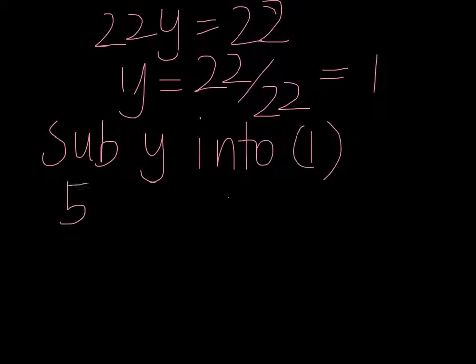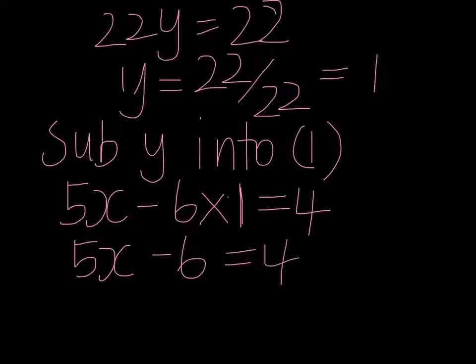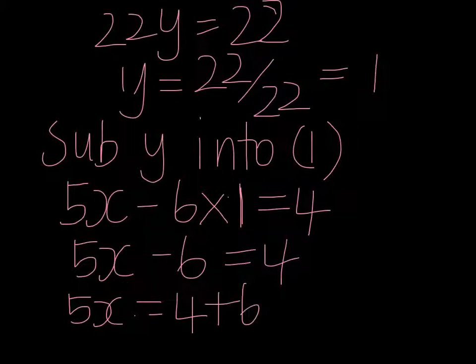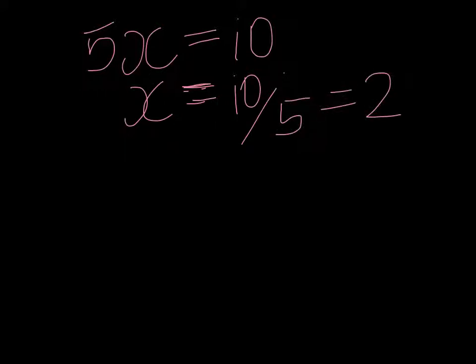We've got 5x minus 6 times y, which is 1, equals 4. 5x take 6 equals 4. 5x equals 4 plus 6. Got 5x equals 10, and x will be 10 divided by 5, which is 2.